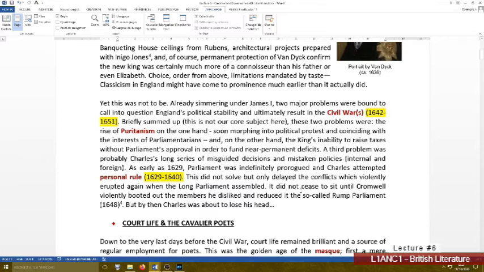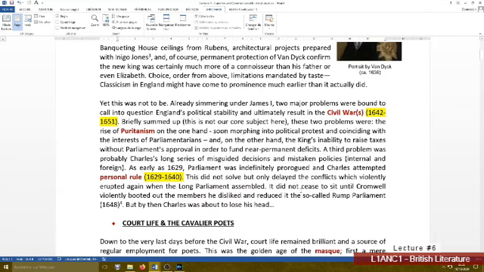It only delayed the conflicts, which violently erupted again when the Long Parliament had to be called. Now, this Parliament is called the Long Parliament because it did not cease to sit all through the Civil War until Cromwell, who won the Civil War, actually booted out the members he disliked and reduced it to the so-called Rump Parliament in 1648.